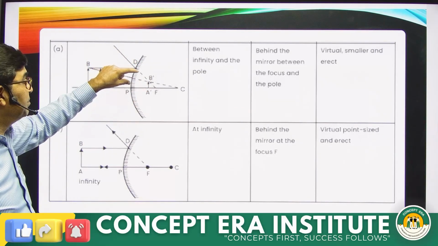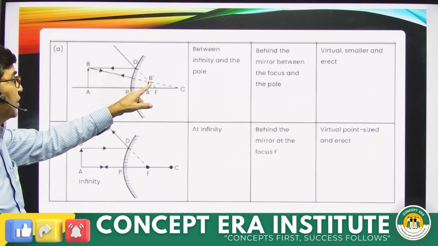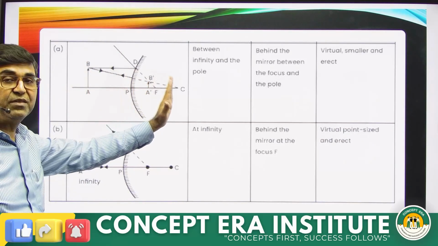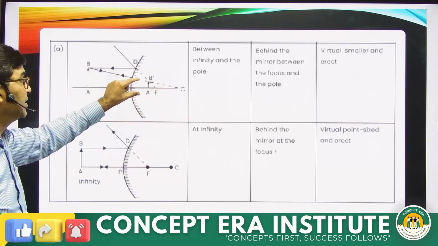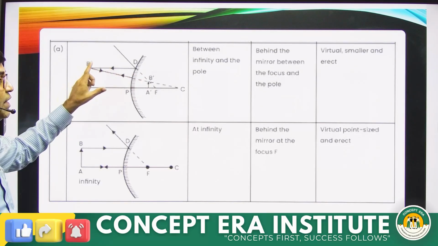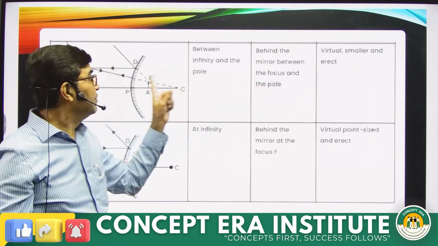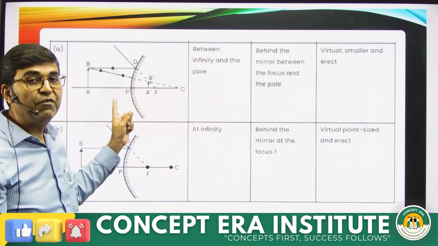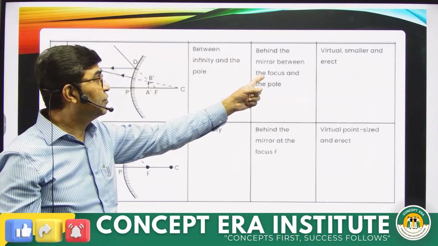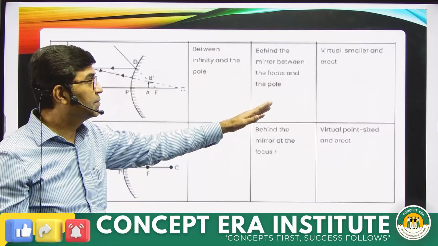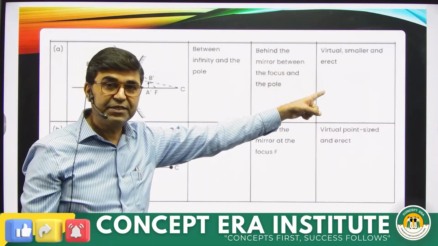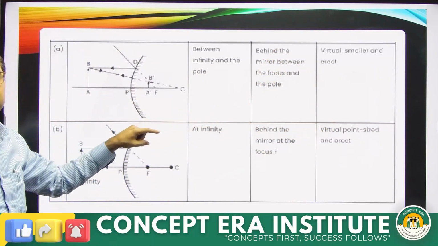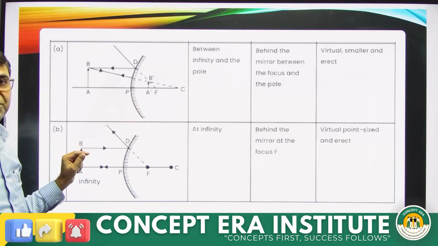So they are meeting not actually but virtually. Therefore, a virtual image is formed behind the mirror and it is smaller than the object. So when the object is placed at any point between infinity and pole in front of a convex mirror, the image formed is behind the mirror. It is virtual, erect, and diminished or smaller than the object.